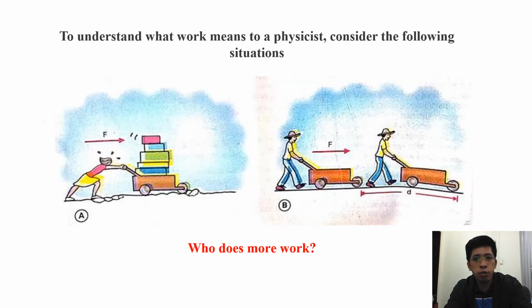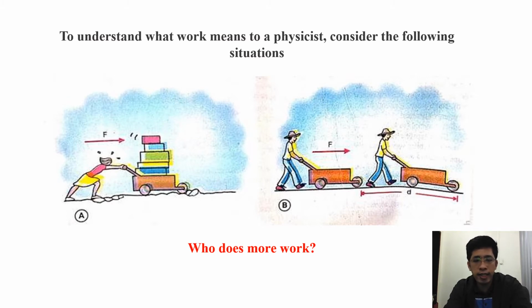So to understand what work means to a physicist, consider the following situations. On figure A, you have a girl pushing a cart, and the cart is full of loads. As you can see, there are many boxes on the cart.